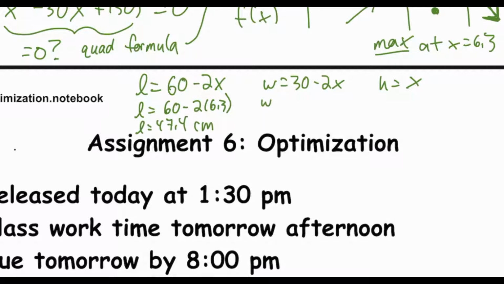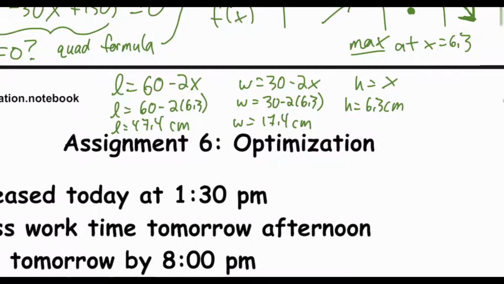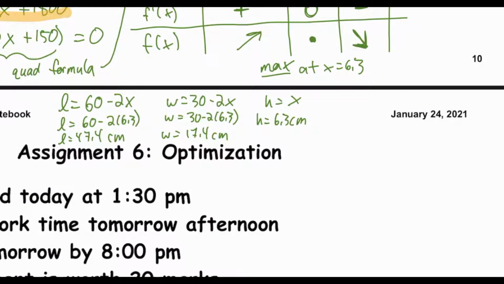Our width is 30 minus 2 times 6.3, which is 17.4 centimeters, and our height is 6.3 centimeters. So let's write our concluding statement.